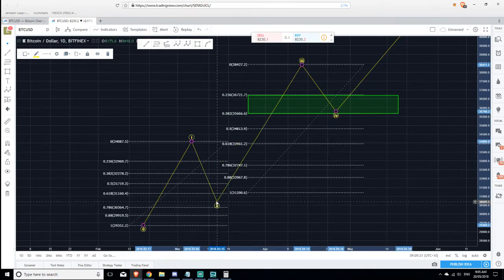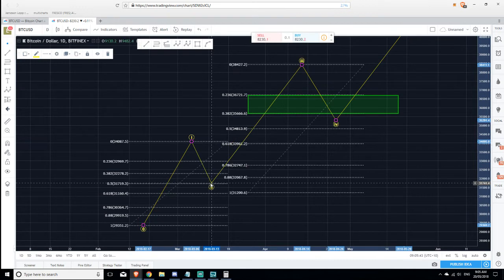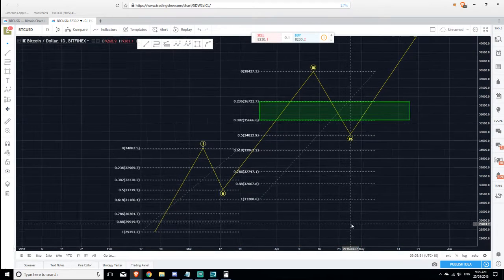That's just how it works. It's a bit of a seesaw kind of thing. If this one retraces a lot, this one doesn't retrace a lot. If this one retraces very little, then this one retraces a lot. And by that same token, if wave 1 retraces about 0.5, wave 3 will also retrace about 0.5. Simple as that.